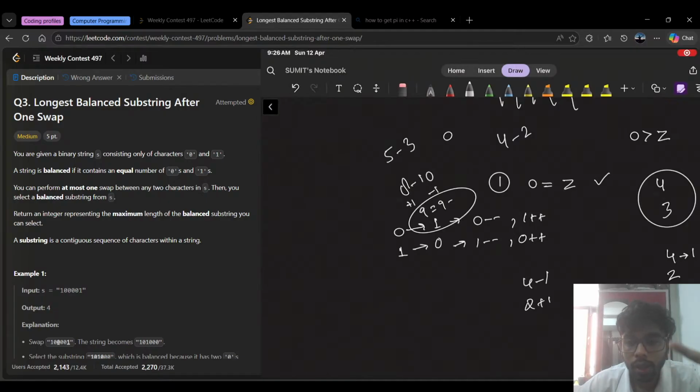The difference, if they are equal and if the difference is 2. Okay, j minus I modulo 2 not equals to 0. I'm checking it. Its length should not be odd, right? Even length can be taken only.